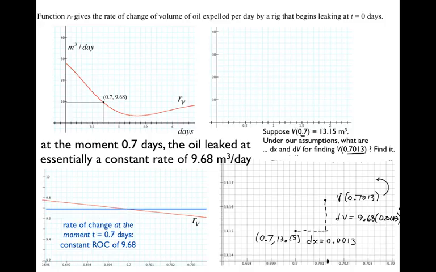The final volume is going to be the initial volume, which is 13.15, plus the change, which we said was dv. And that equals 13.16. One more decimal place, 3. There it is. So we see that right here. 13.163 is about right there.